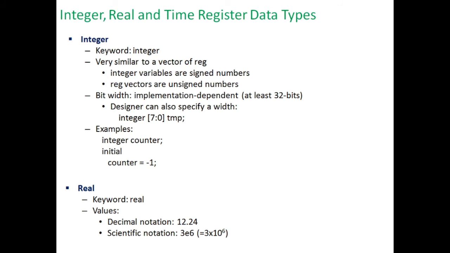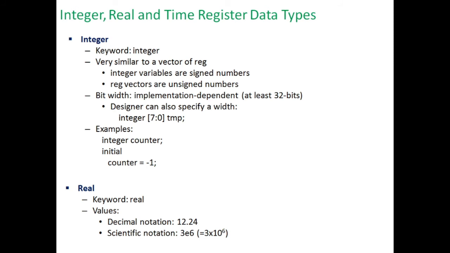If I am using a 64-bit compiler or a 32-bit compiler, the default width is 32-bit or 64-bit capacity. Registers store only unsigned quantities, but here integer stores both.